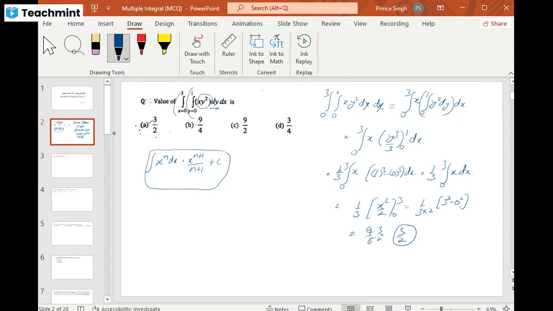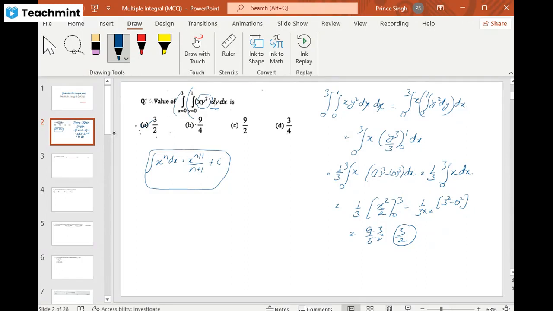Now, one more important thing, like I told you, when both limits of integration are constant, like you can see here, the limit of y varies from 0 to 1 and x varies from 0 to 3, it means that the region is a rectangular region.